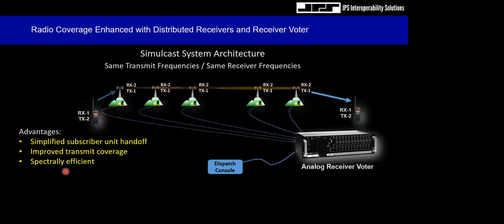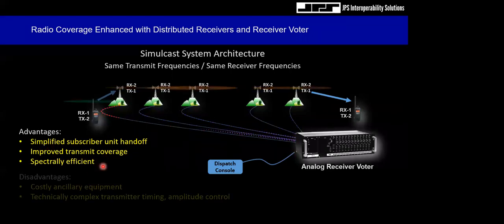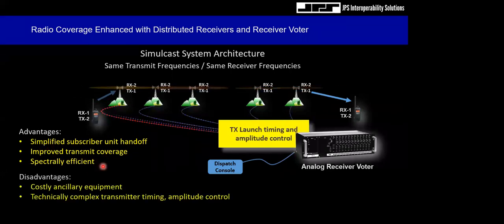I'm now transmitting with one frequency. I have great transmit coverage, but the issue that is quite evident in a simulcast system is how do I launch the transmit information into the environment? And this requires costly equipment and the ability to time the transmit information out into the field, right?